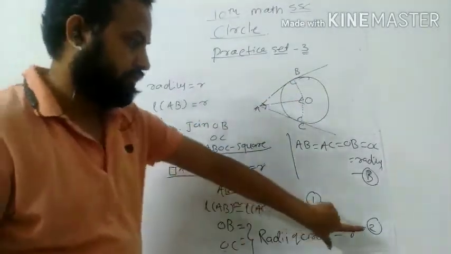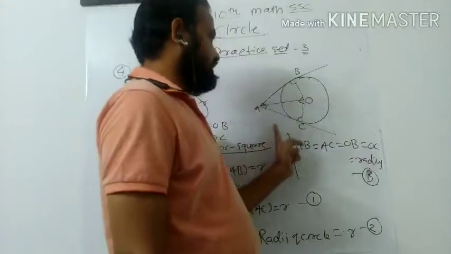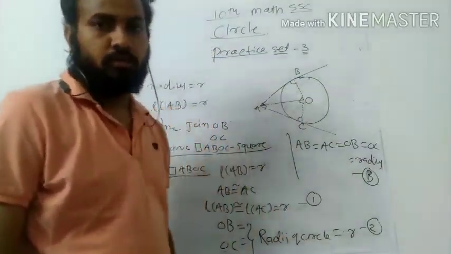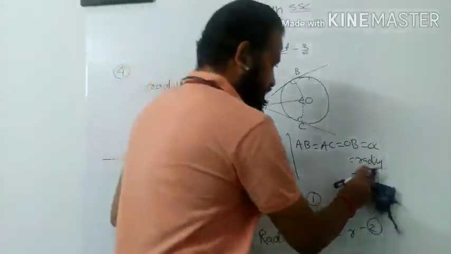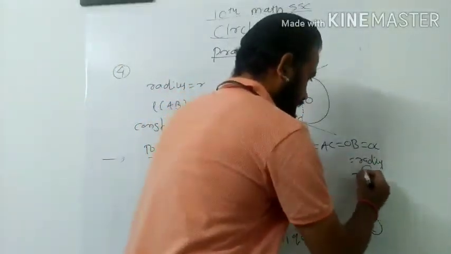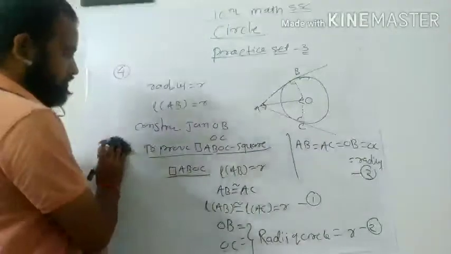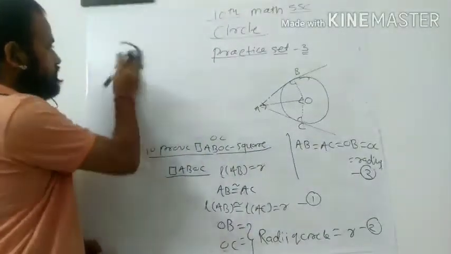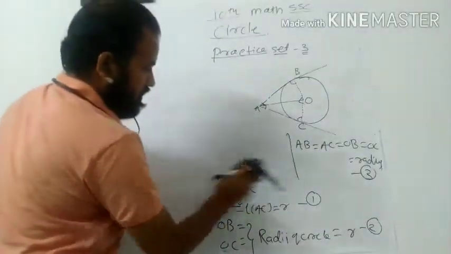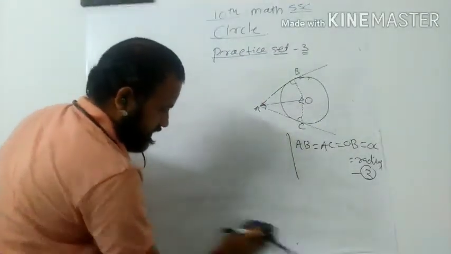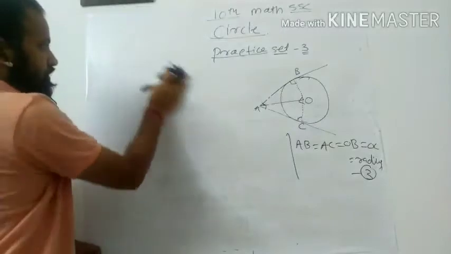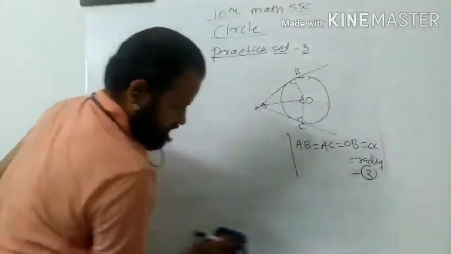So according to equations 1 and 2, I can write AB, AC, OB and OC are equal. Then putting this as equation number 3, this is your equation number 3. Now I have to prove that these 4 angles are 90 degree angles, and only then can I say that the given quadrilateral is a square.